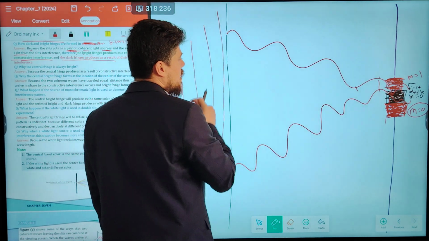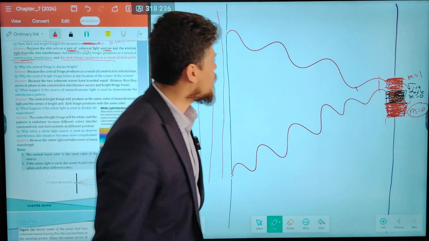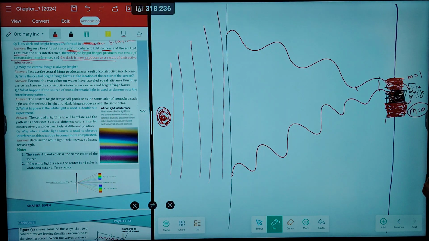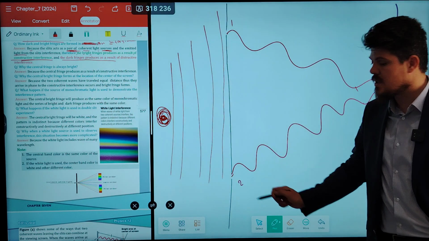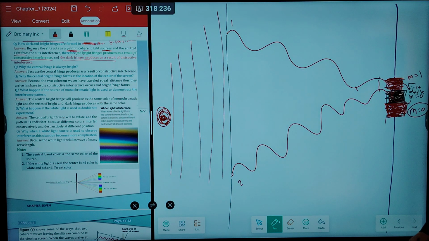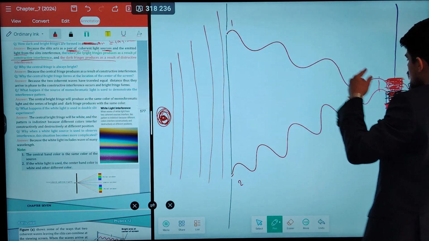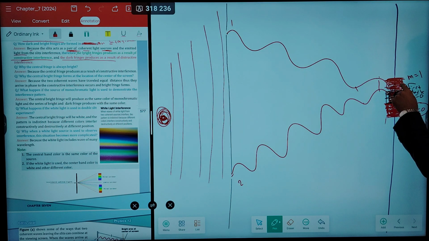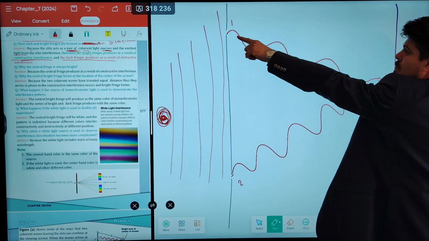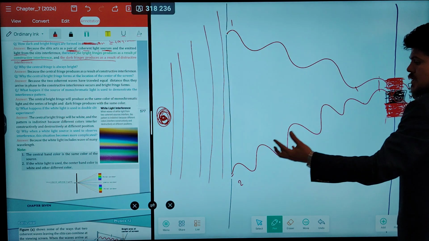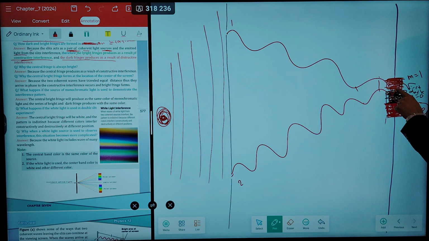But which slit is nearer to this bright fringe? Absolutely slit number 1. This is slit number 2. So which slit is nearer to the first bright, to m equals 1? Slit number 1 or slit number 2? Absolutely slit number 1. Slit number 2 takes more distance to reach the screen.